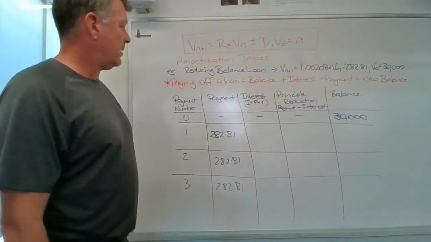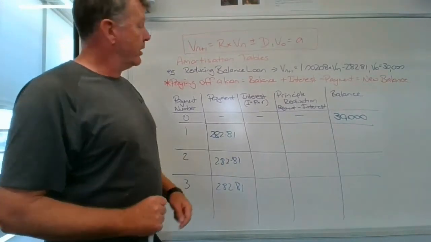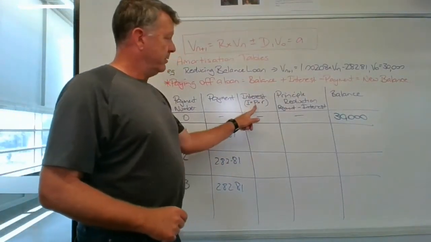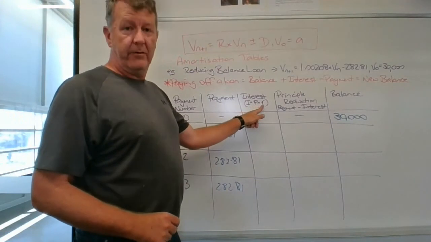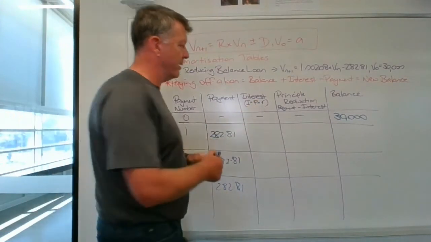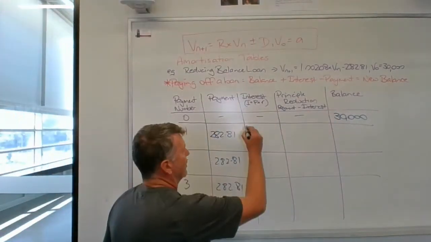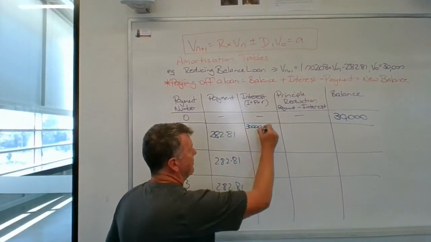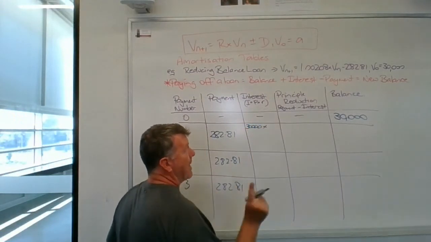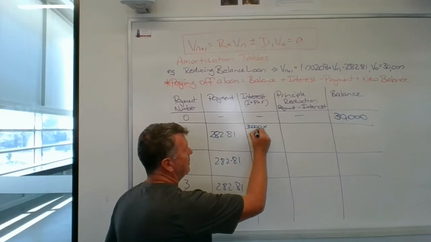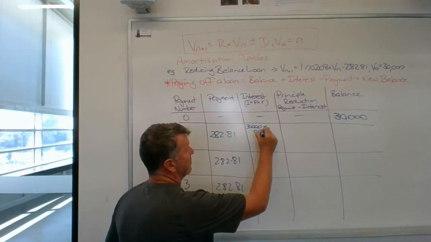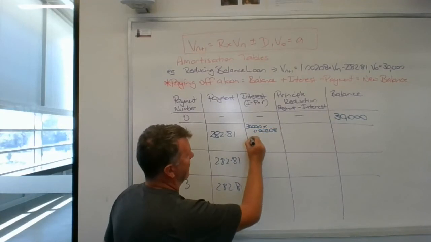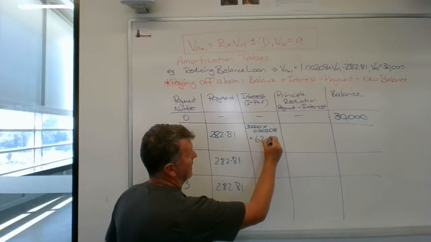All right, now to work out the interest, it is simply the simple interest formula: principal times the interest rate. Our principal for the first one was 30,000 times our interest rate for the month, as a decimal, 0.00208. That gives us an amount of $62.40.